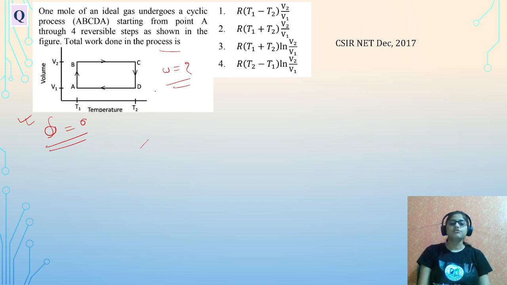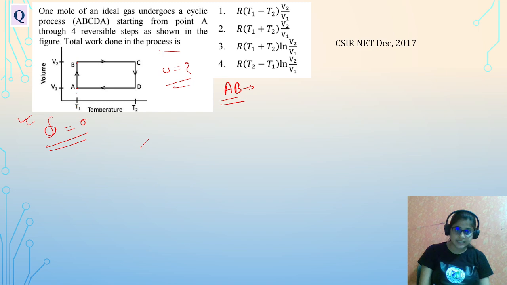Let's see. So 4 steps are there. First, from A to B. For this graphical problem, you have to solve the question in a stepwise manner, and see what is constant and what is changing. The graph is between volume and temperature, and here it is an isothermal process, right?